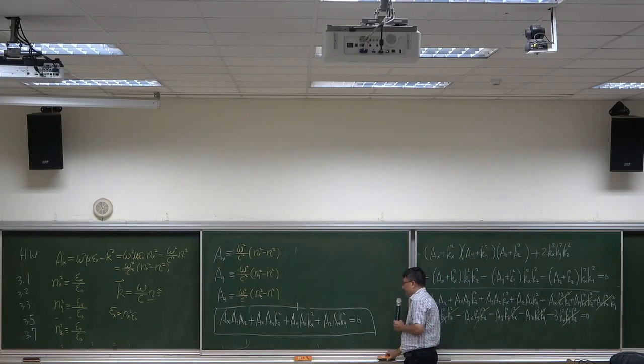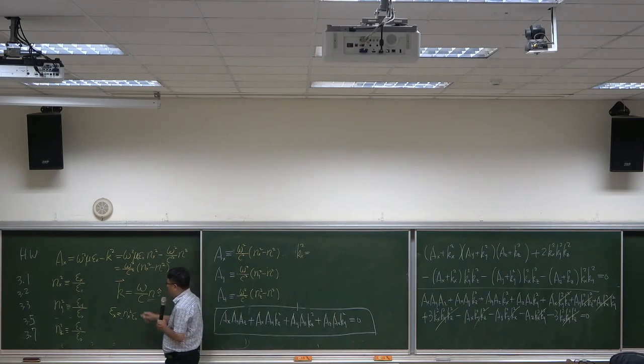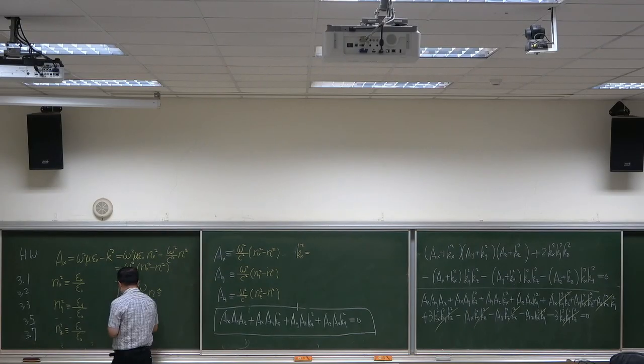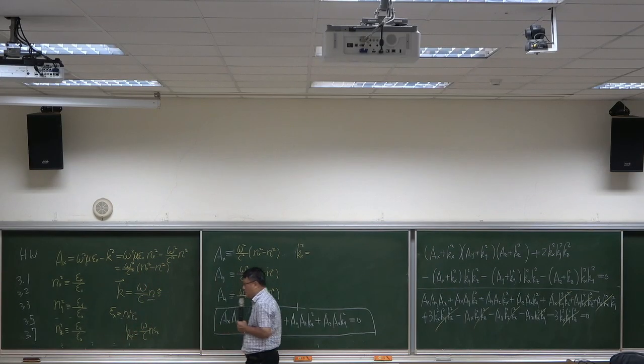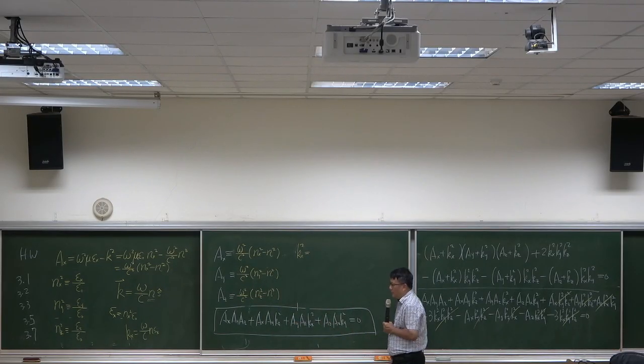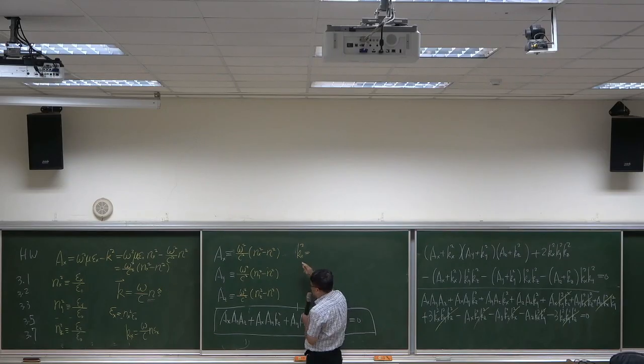So you see kx squared. What does kx squared mean? Kx is omega over c times n times sx. Here sx is the x component of the s vector. S vector is a unit vector along the propagation direction. So kx squared is omega squared over c squared times n squared times sx squared.